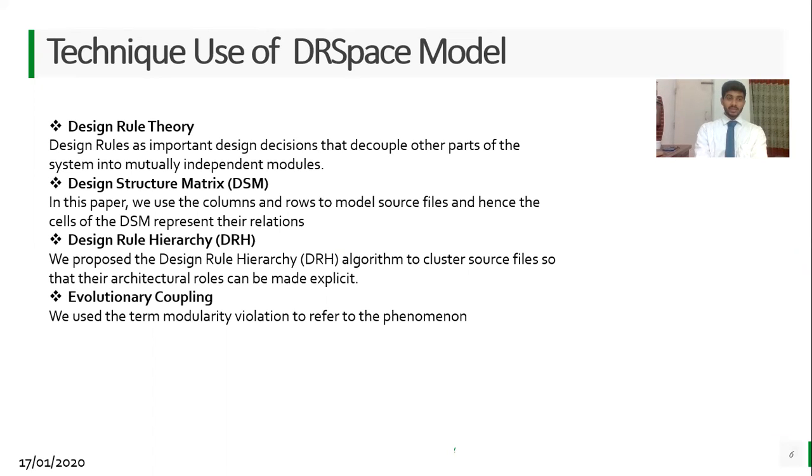Next are the techniques used in the DRS space model. There are 4 techniques they use: design rule theory, design structure matrix, design rule hierarchy, and evolutionary coupling. Design rule theory: design rules are important design decisions that decouple other parts of the system into mutually independent modules.